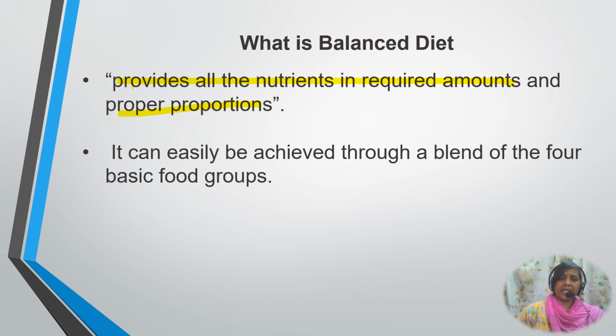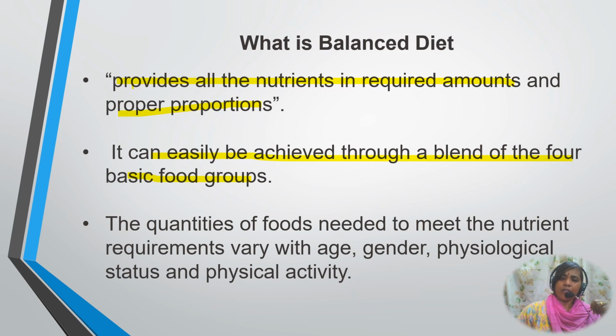It can be easily achieved through a blend of all the basic food groups like carbohydrates, proteins, lipids or fats, vitamins and minerals, right? And this quantity of food needed to meet the nutrient requirement, now you know, varies with the age, gender, the physiological status and also with the physical activity of an individual, and accordingly the RDA varies.